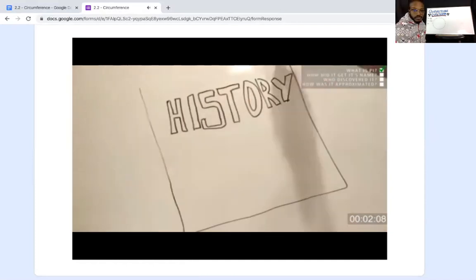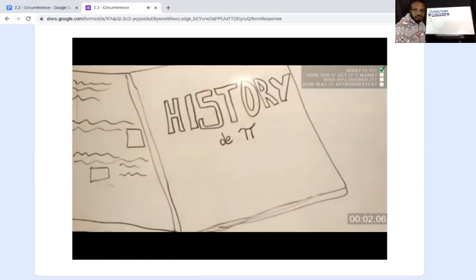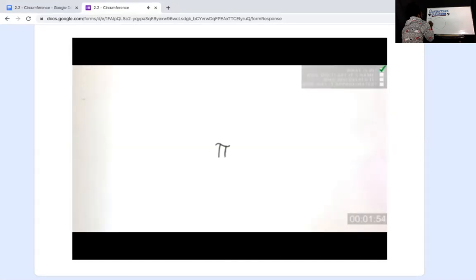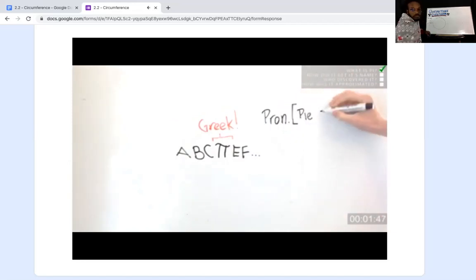Let's talk a little bit about the history of pi. Well, let's start with the most basic of questions, which is why did they name this somewhat aberrant number after a baked dish which is usually made of a pastry dough casing that covers or completely contains a filling of very sweet or savory ingredients? I will answer your question now. The symbol of pi is actually a letter in the Greek alphabet. In both English and Greek, this letter, and therefore the number it represents, is pronounced simply as pi.